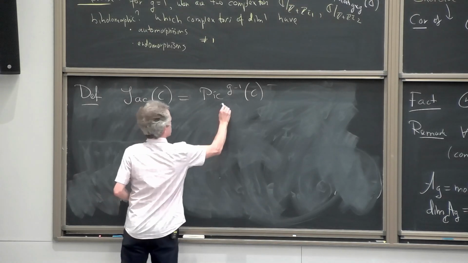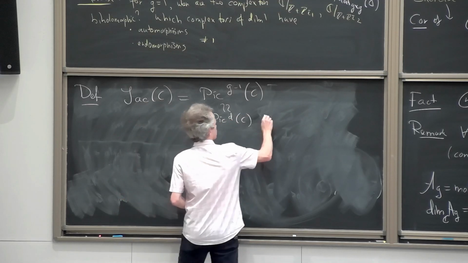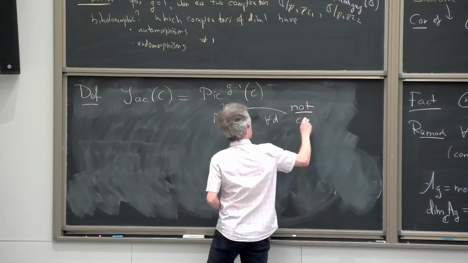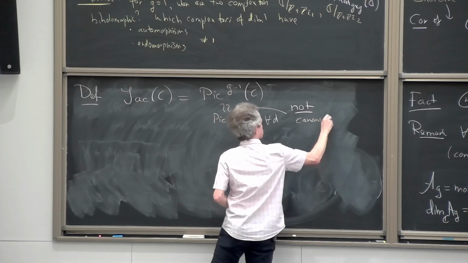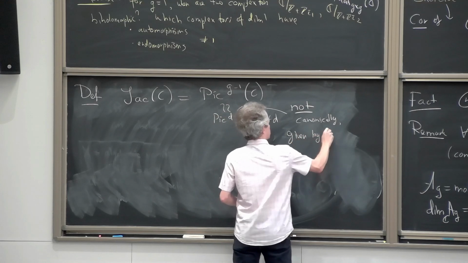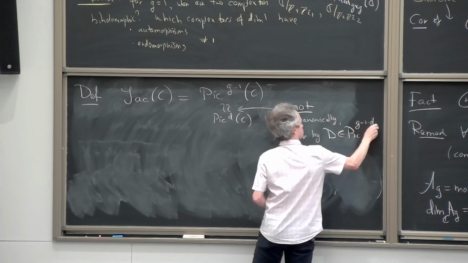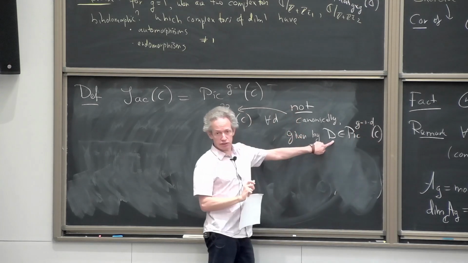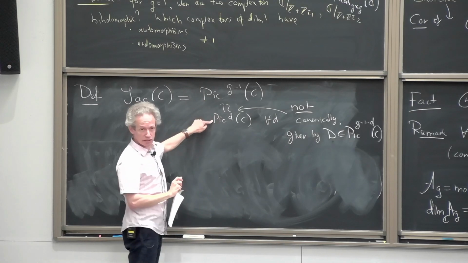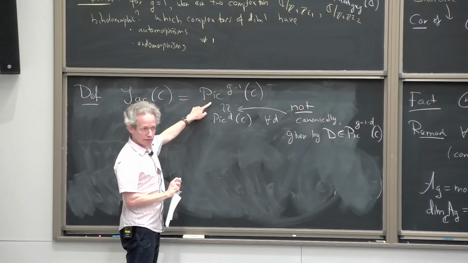Notice that this is isomorphic to Pic^d of C for any d, but not canonically. This isomorphism is given by some D in Pic^(g-1-d). So if I take an element D in Pic^(g-1-d), I can just add it to any divisor here, and I'll get an element here, right?